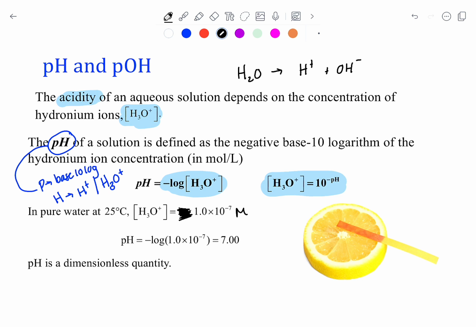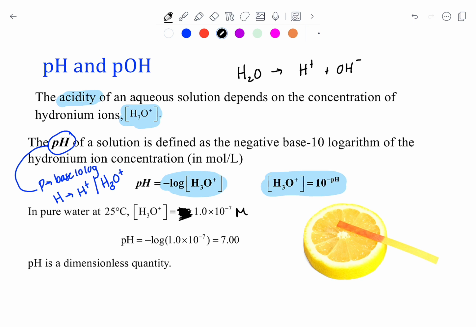times 10 to the minus 7 and get that the pH of pure water is 7, which you may know already. You may have heard of that before from previous courses. That's not common knowledge to everyone, but some people already know that just from life in general.